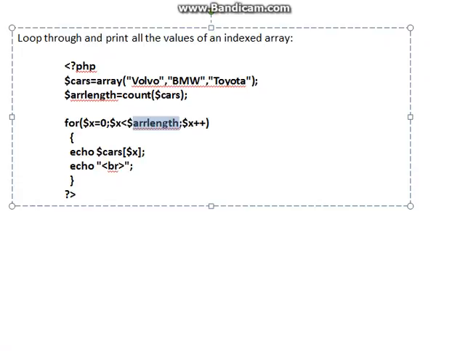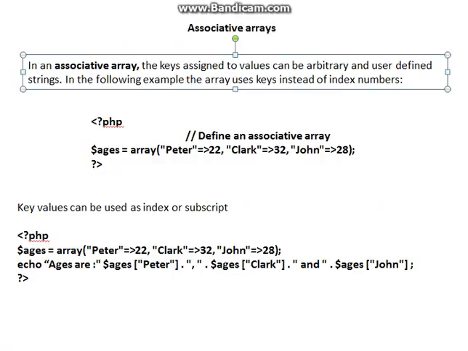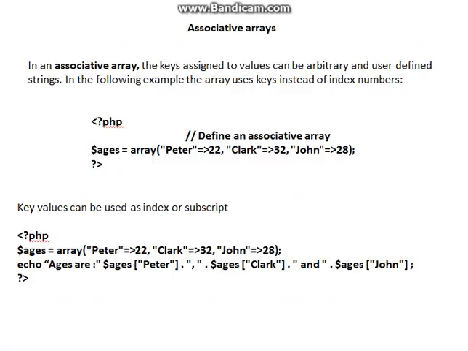The second category of PHP arrays is associative arrays. Associative arrays are similar to normal indexed arrays, but in indexed arrays each element is indexed by a numerical subscript, whereas in associative arrays each individual element is indexed by a key value.